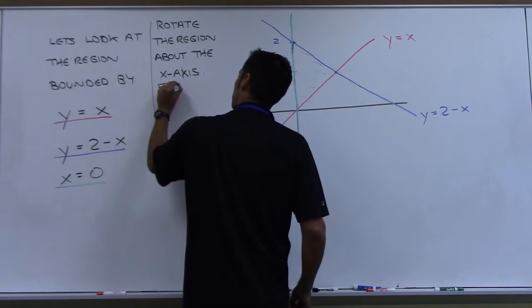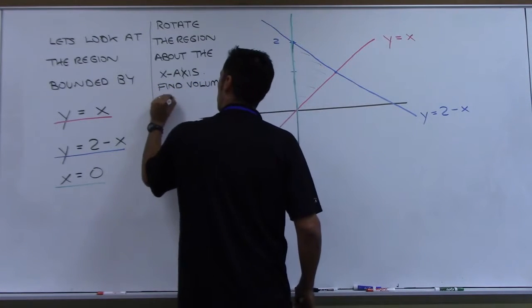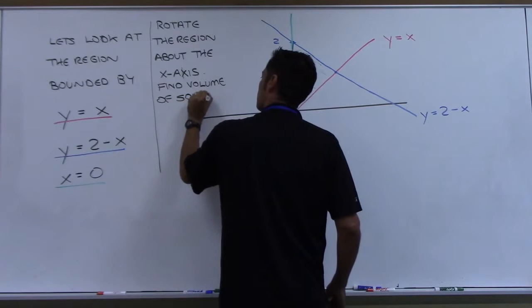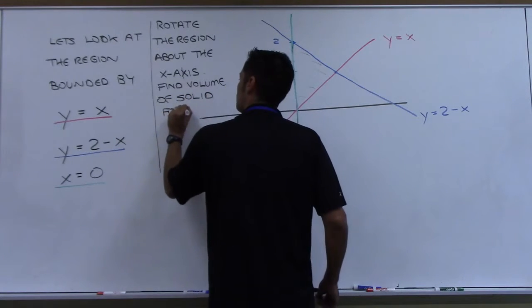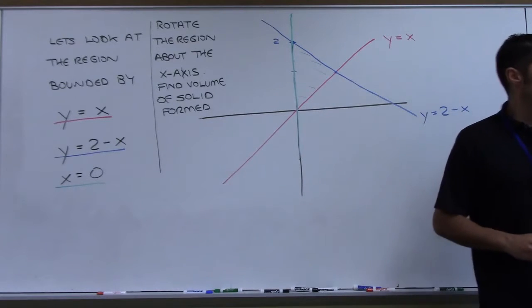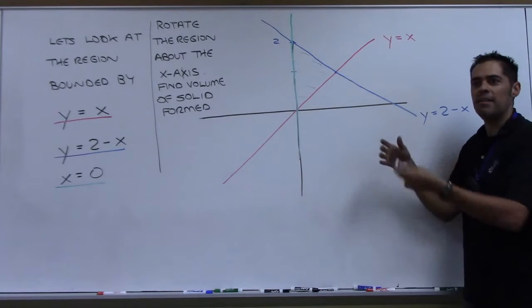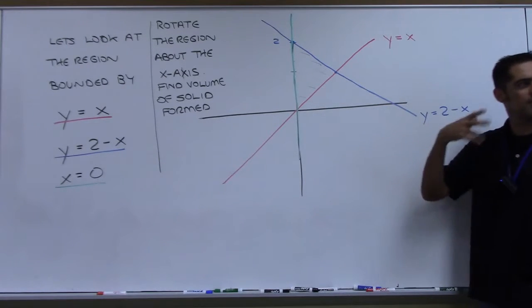Find the volume of the solid formed. So you actually have to visualize this three-dimensionally. There's no way I can just pull this and rotate it and say, there, look at it. You actually have to see this.